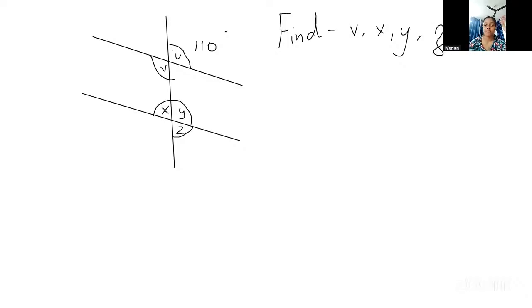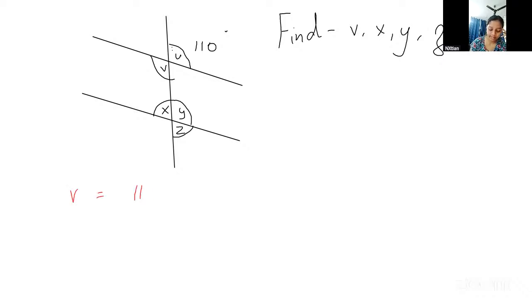Okay, what is V, Abraham? Ma'am, V is 110. X is 70. Y is 70. X is 70. Z is 70. Y is 110.